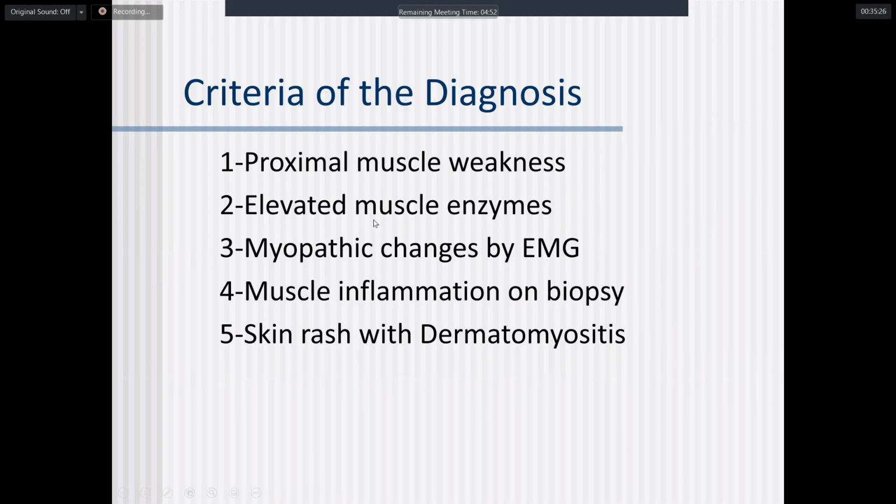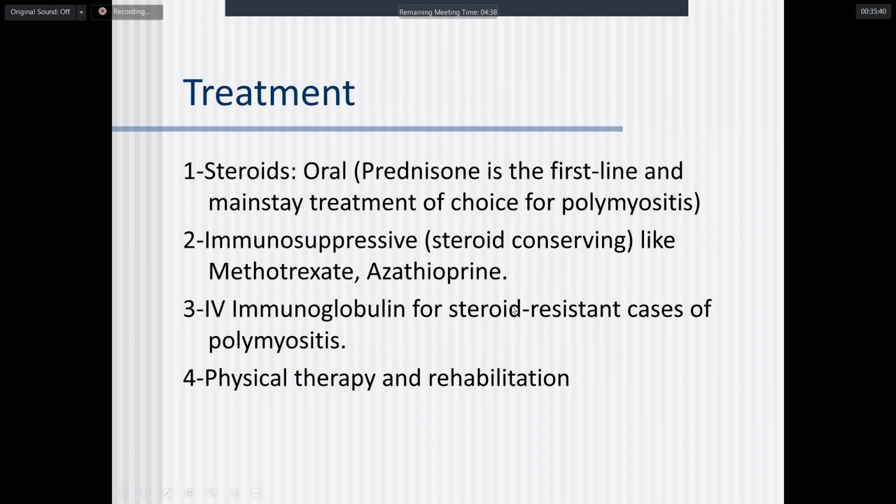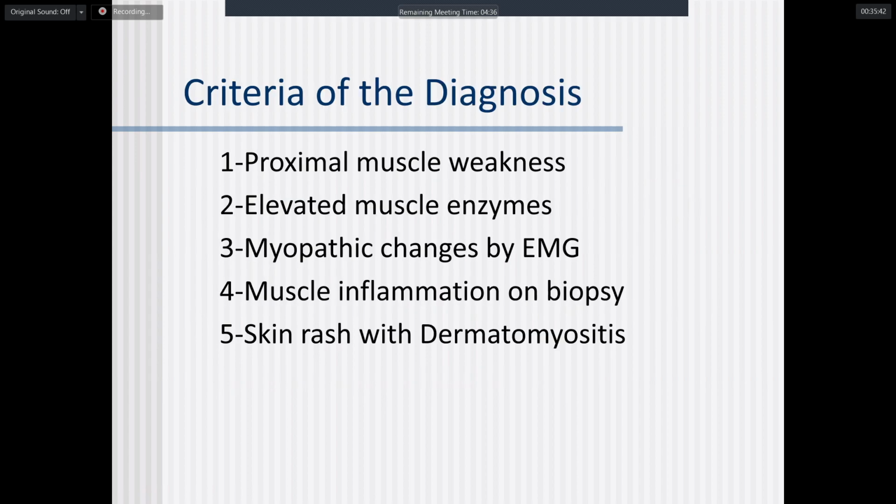That's why you need to have elevation بالmuscle enzymes because it's inflammation، بده يكون في عنده abnormalities بالEMG وإذا بدك تعمل له biopsy بيكون في عنده muscle inflammation. So these are the criteria. أنا when I said no criteria I meant you have to be minded، مش والله إنه 3 out of 6 or 5 out of 10.